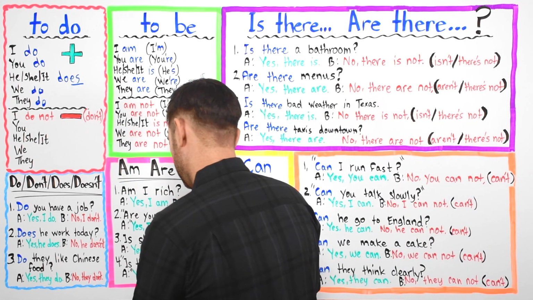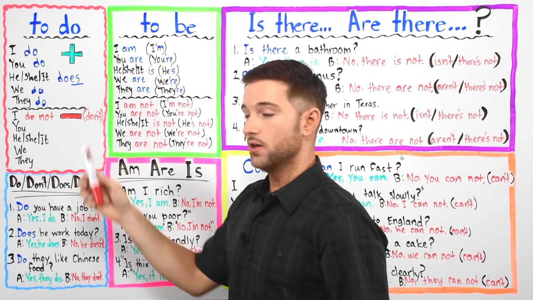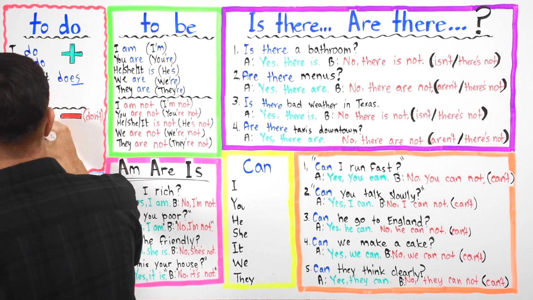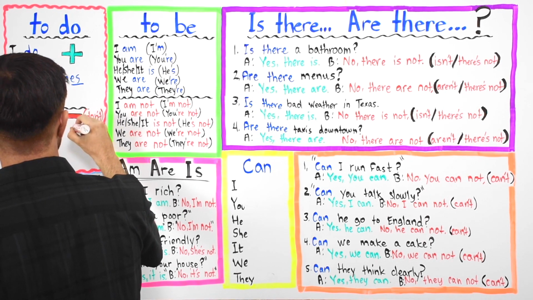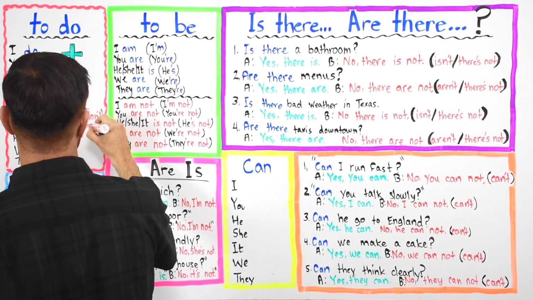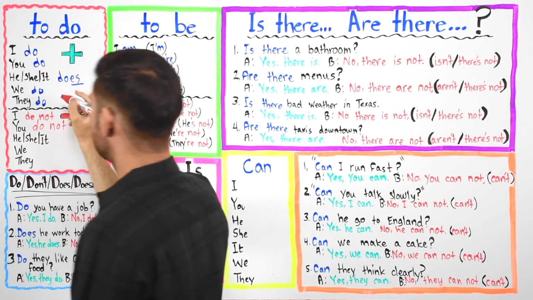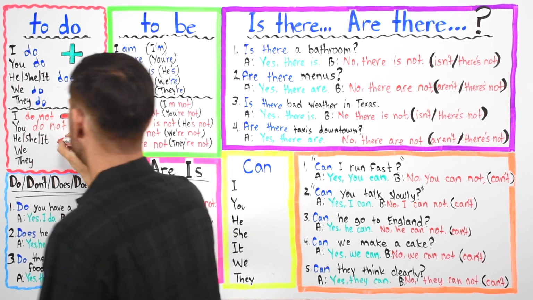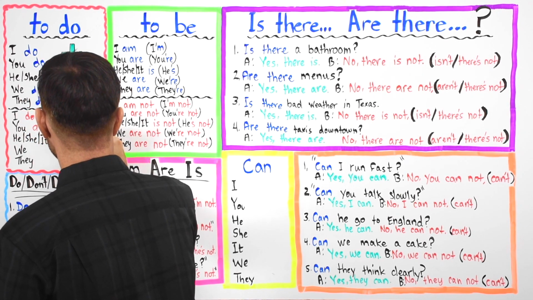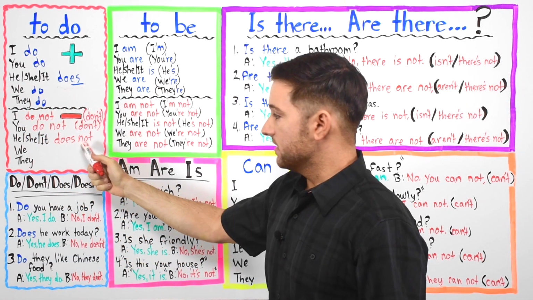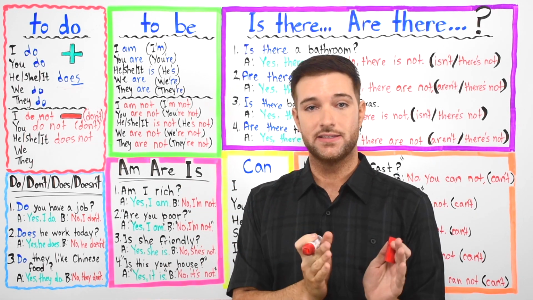We have more. So we have I do not, or you could say I don't. We could say you do not, or you don't, D-O-N-T. Okay, he, she, it does not. Okay, we're going to take does from up here. Does not. And when we have does not in the contracted form, we say doesn't.